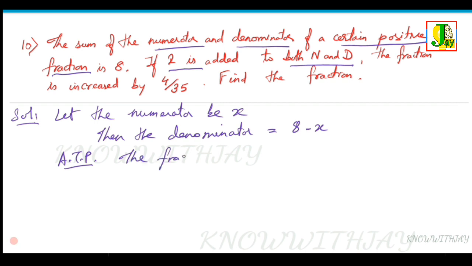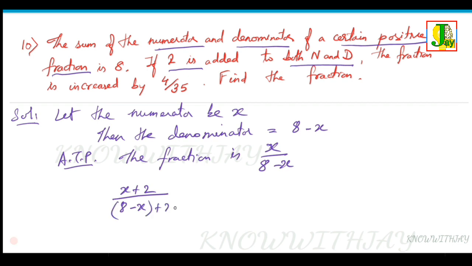Now according to the problem the fraction is x by 8 minus x. If we add 2 to both the numerator and denominator, the fraction is increased by 4 by 35. So we have x plus 2 if we add to the numerator, and also to the denominator, 8 minus x.